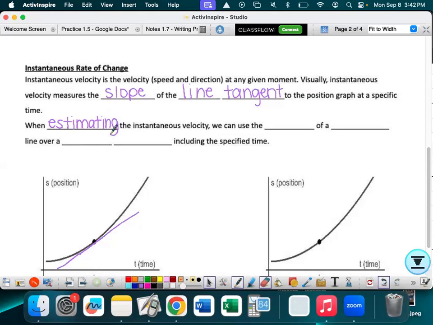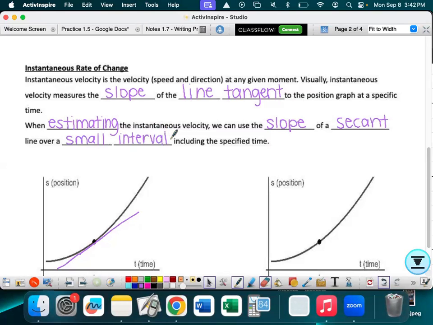So in estimating the instantaneous velocity, we will use the slope of a secant line over a time interval that includes the specified time. So we'll just say a small interval, because we do want it to be a very small interval, including the time that we have.